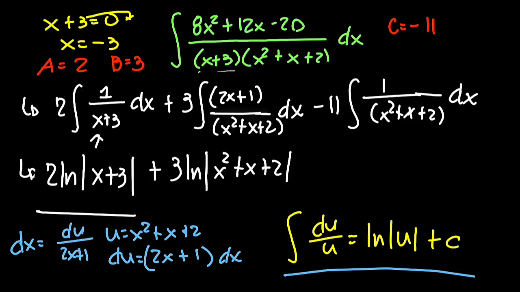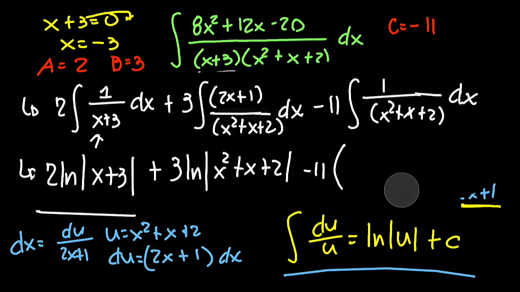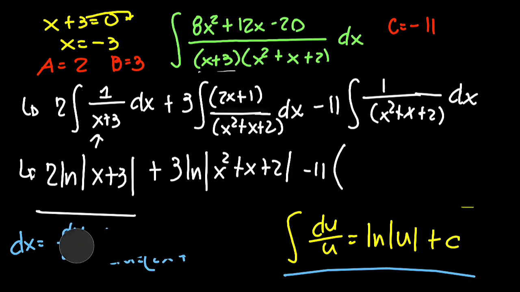If we substitute this, it would be the integral of 1 over u multiplied by the value of dx, which is du over 2x plus 1. Now you can see that it cannot be simplified because we still have 2x plus 1 here. It is not like in the second part earlier. So this cannot be used. And what we're going to do here is to use a different method.